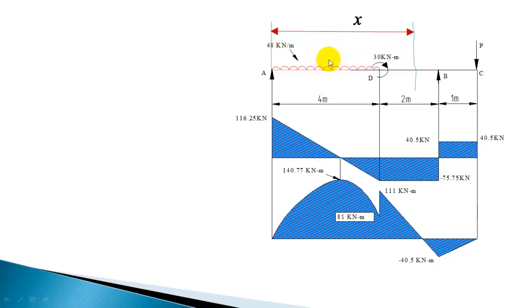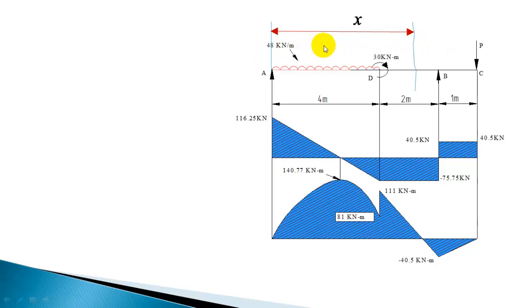That will act at the center of this UDL. When you consider this section, the total load is 48 into 4. It acts at a distance of 2 meters from here. So from the section considered, it will be x minus 2.